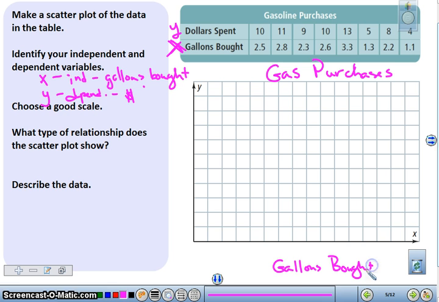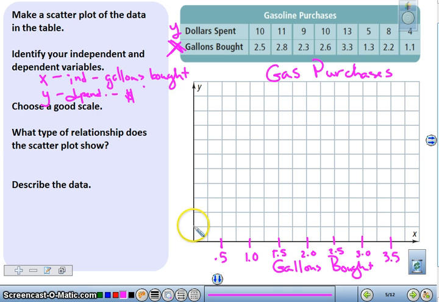And if I'm looking at this graph, I would say that I probably would go like this would be 0.5 gallons bought. This would be 1 gallon. This would be 1.5. This would be my 2 gallons bought. 2.5, 3 gallons, and my largest one was 3.3, so 3.5.